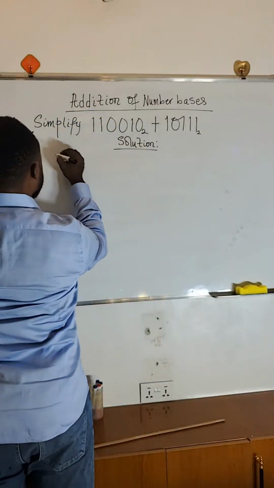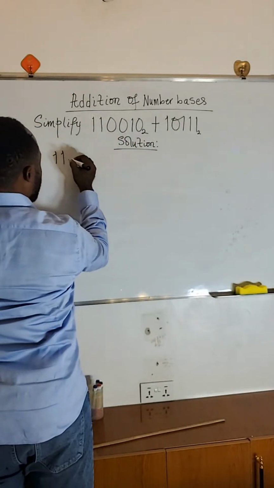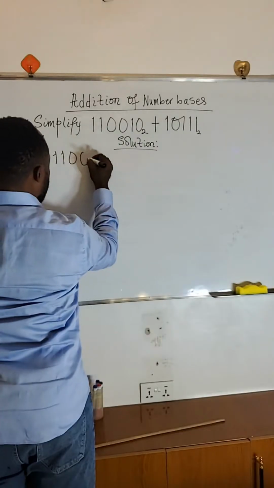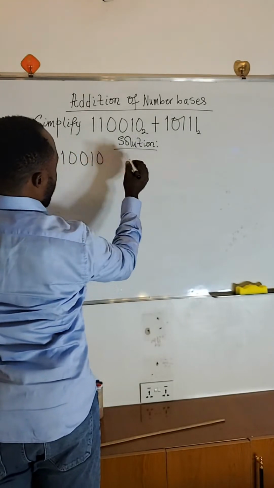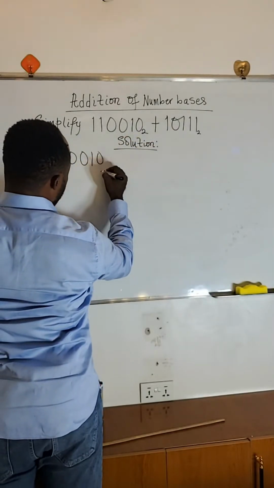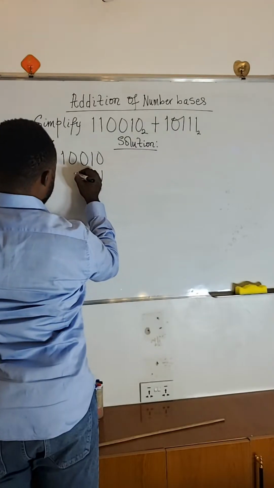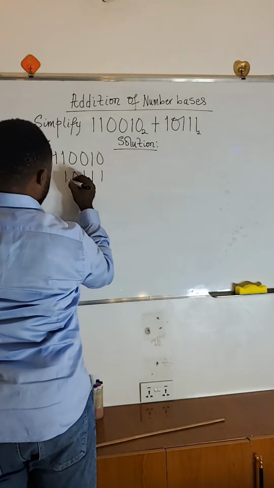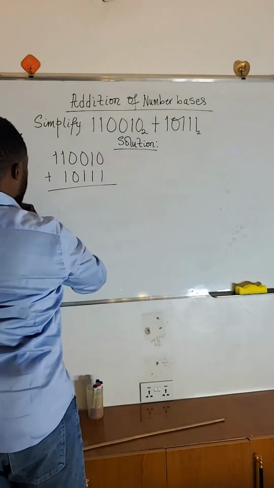You have 1, 0, 0, 1, 0, and then plus 1, 1, 1, 0, 1, all in base 2.